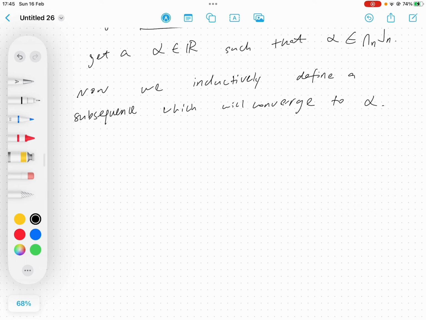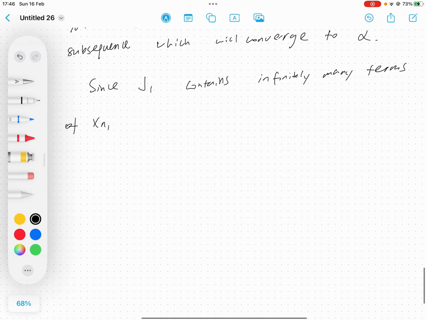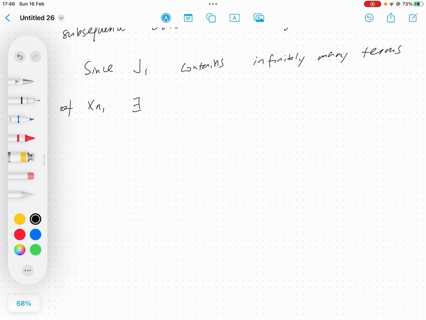Because J1 contains infinitely many terms of the sequence xn, there must exist some n1 such that x_{n1} is in J1.